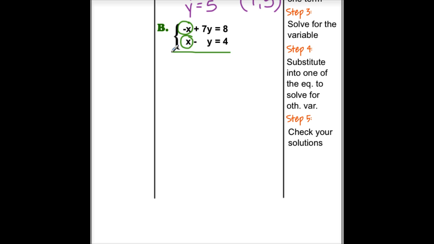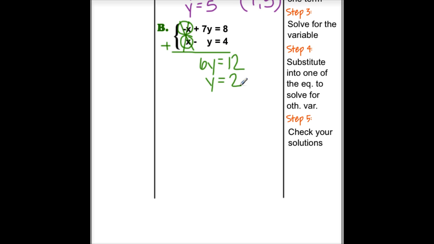Negative x plus x, those cancel out. 7y plus negative y, or 7y minus y, gives me 6y. And 8 plus 4 gives me 12. So 6y equal to 12, divide by 6, I get y is equal to 2.